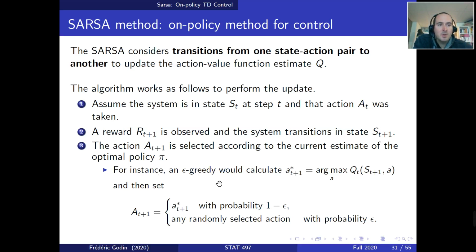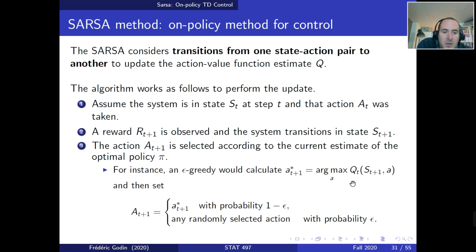So for example, if your policy pi is an epsilon greedy policy, so if you attempt converging to the best epsilon greedy policy, then you would do the following. You would first calculate in your current state S_{t+1} what would be your estimated optimal action.